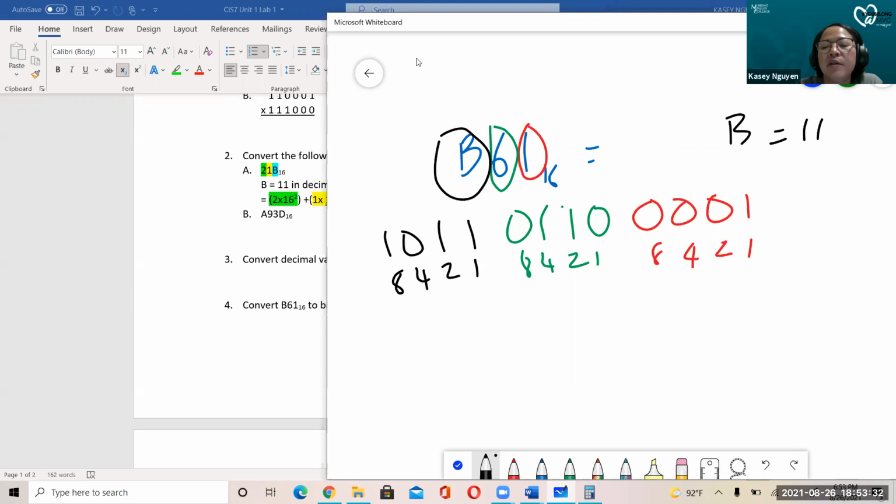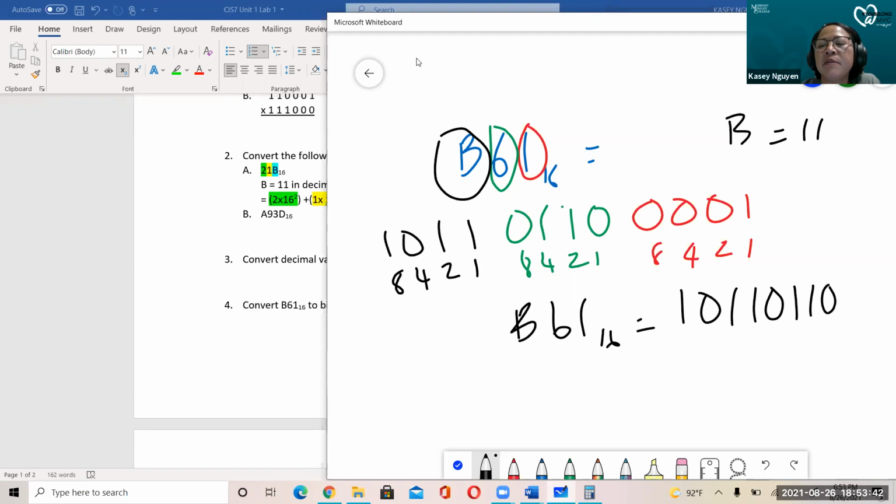So B61 with the base 16 is equal to 1, 0, 1, 1, 0, 1, 1, 0, 0, 0, 0, 1 in base 2. Okay.